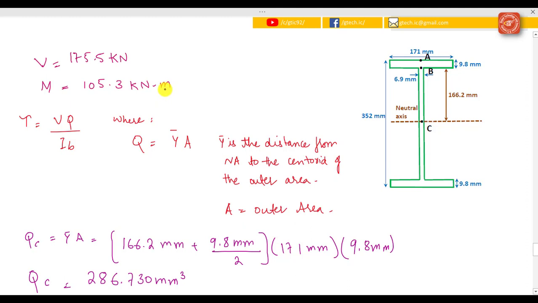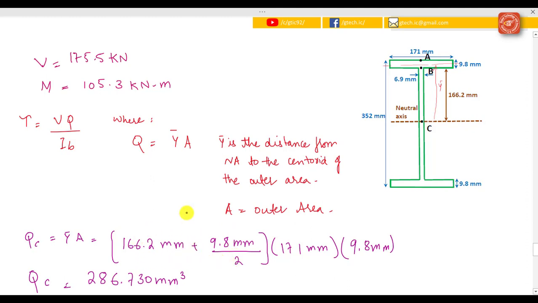Okay, so now we have those values, and we can solve for the shear stress experienced at point B using our transverse shear stress formula. What we need to do is first find the first moment of outer area at point B. So I made a cut at point B, and y bar for this area is 166.2 plus 9.8 millimeter divided by 2.